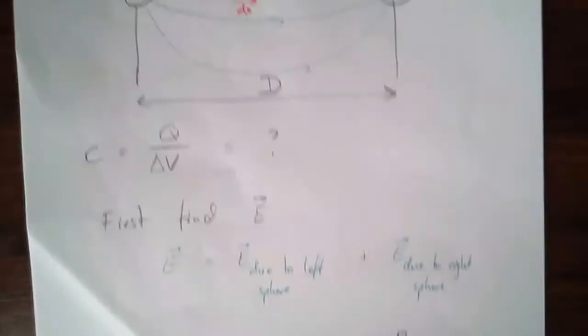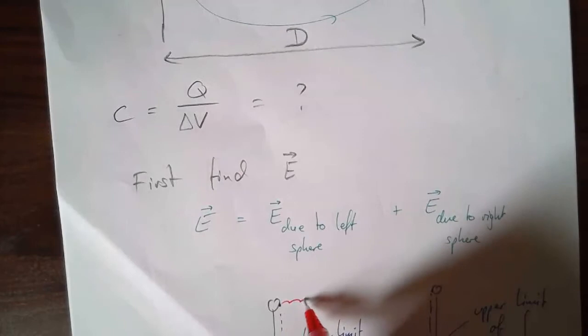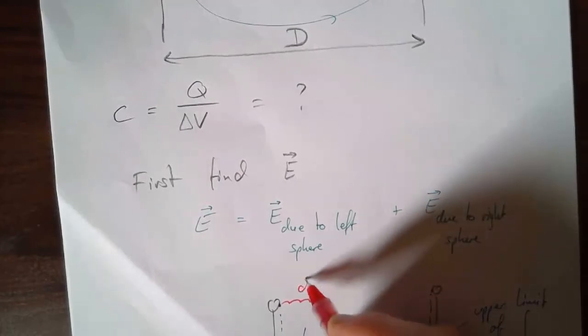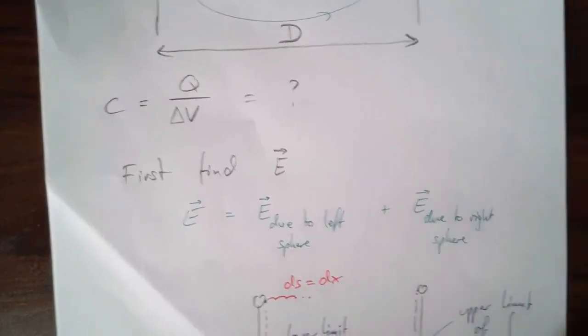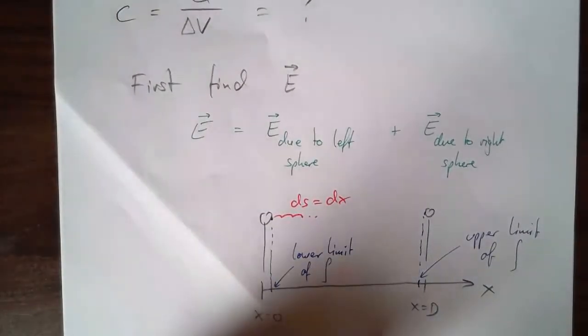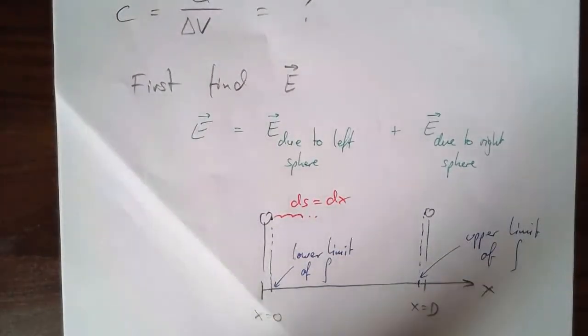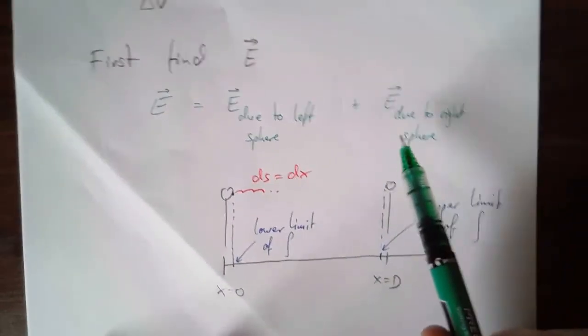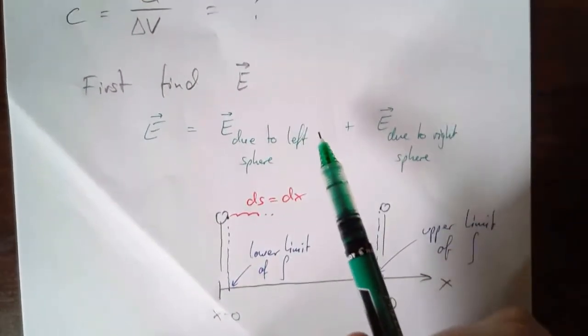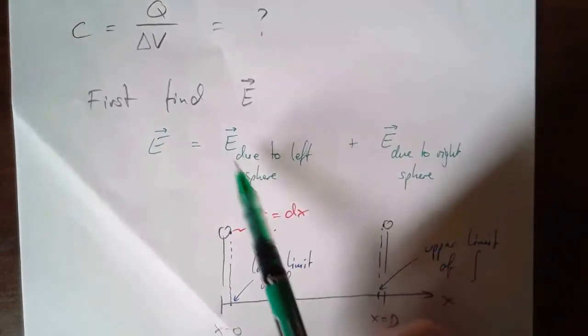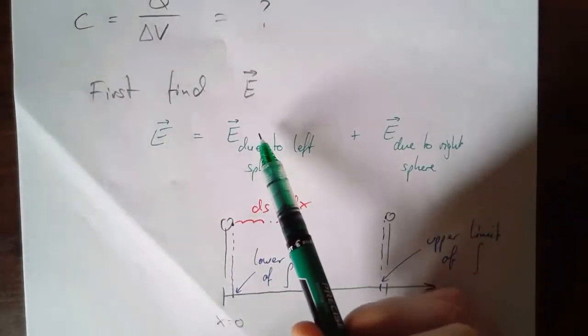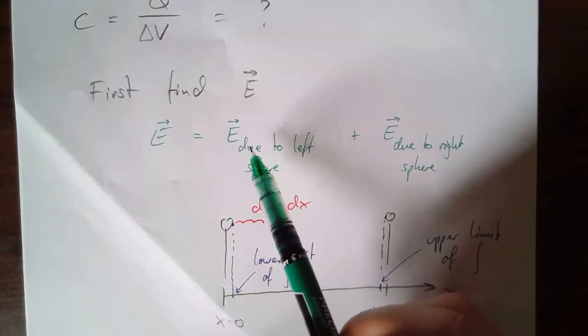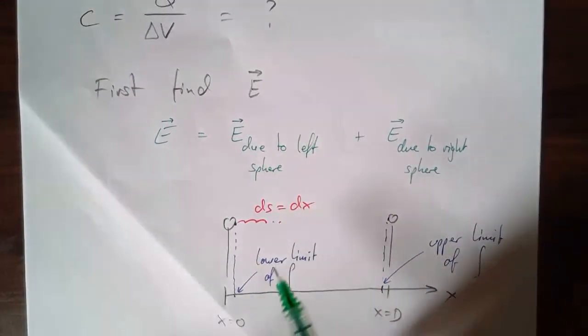is just a change in x. And it's in the direction of the field, so we're making our life as simple as possible. The one challenge you still have is to actually work out what this is. And you've got to be careful here, because it's not just, well, the left one, that's just going to be q over 4 pi epsilon naught x squared.